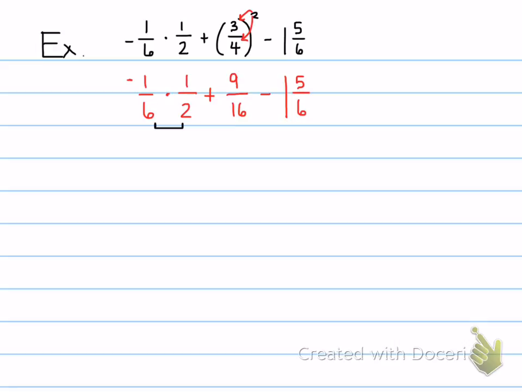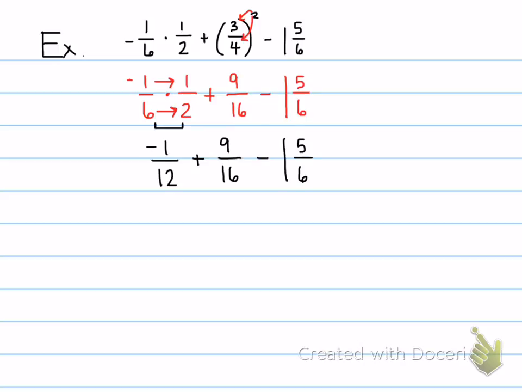Negative 1 times 1 is negative 1 over 6 times 2 is 12. So I have negative 1/12 plus 9/16 minus 1 5/6.